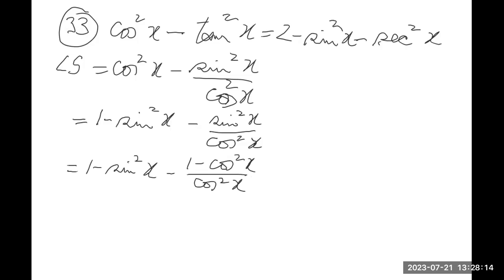Now, if I split that last term into two terms, it becomes 1 minus sine square x minus 1 over cosine square x. The last term will be positive because we have two negatives here. So plus cosine square x over cosine square x.